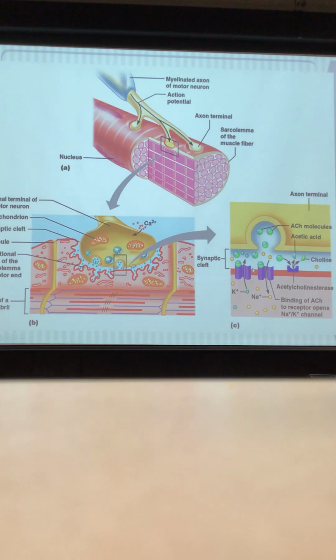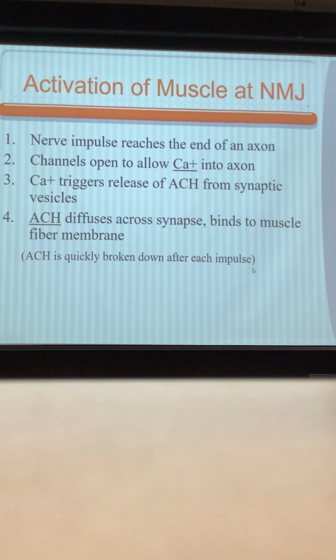If there's no electrical impulse, calcium doesn't come in. So the nerve impulse reaches the end of the axon, that triggers calcium channels to open, calcium comes in. When calcium comes in, it's going to trigger the release of a neurotransmitter.